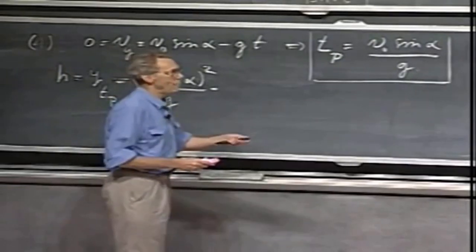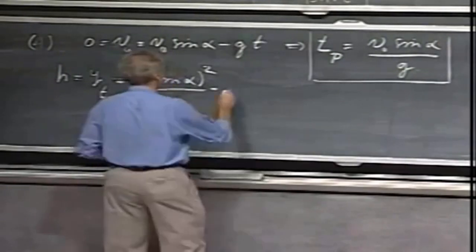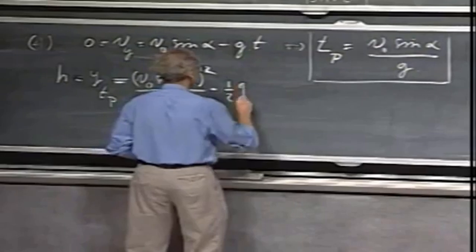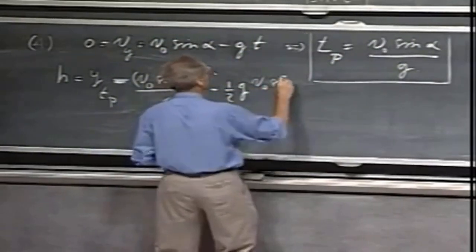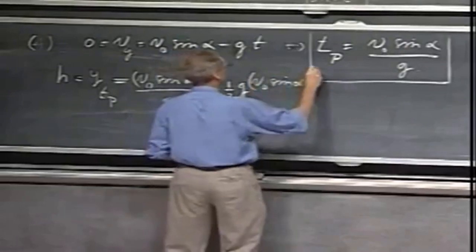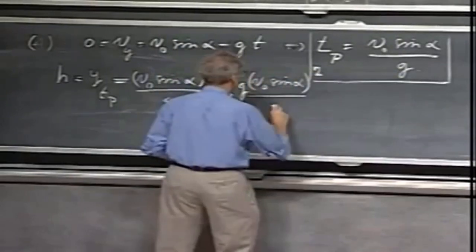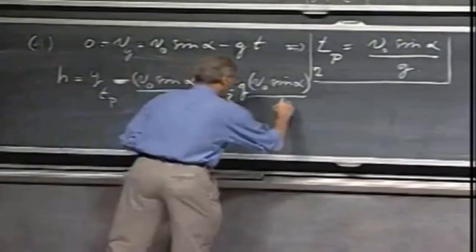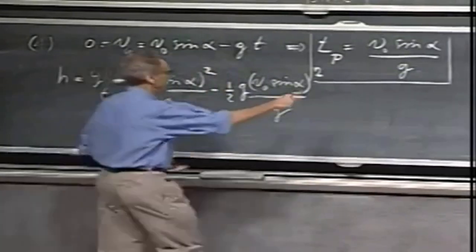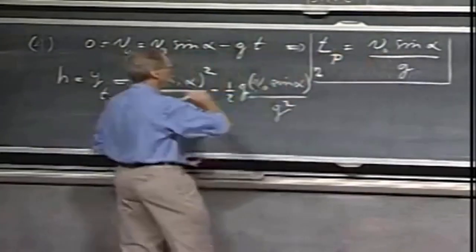This equation, minus half gt squared, minus 1/2 g times this one squared, which is v0 sine alpha divided by g, squared. Because there's a g here, you square the whole thing, it is t squared.